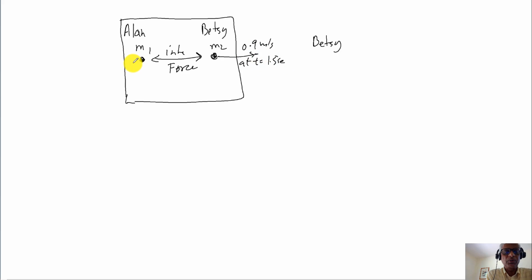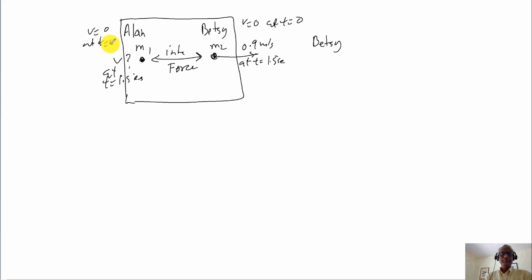And we want to know what this guy's v is at t equal to 1.5 seconds, and v equal to 0 at t equal to 0, right?